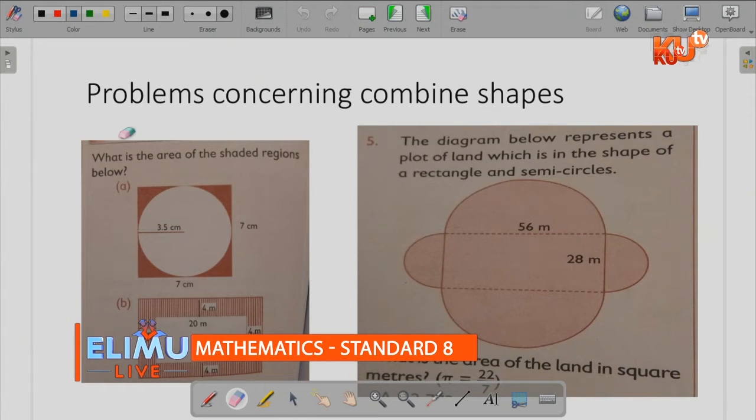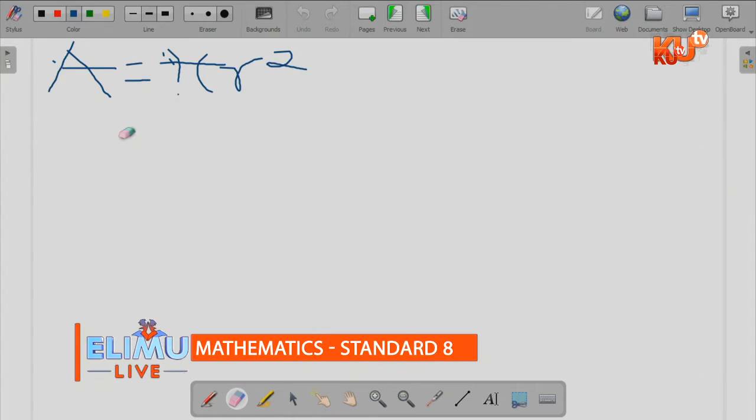So let's find the area of a circle. Area of a circle, you can see it is pi r square, and pi is equal to 22/7. The radius we have been given there as 3.5.